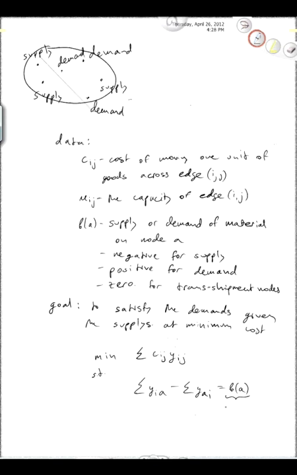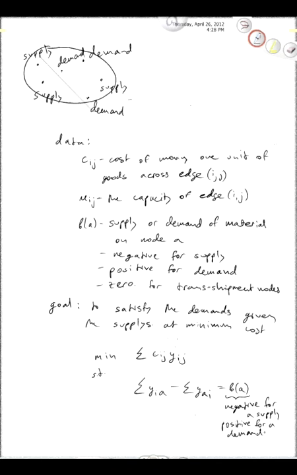So this right-hand side is negative for a supply, which exactly says more trucks are leaving a supply node than entering. It's going to be positive for a demand, which means that more trucks are entering a demand node than are leaving it.